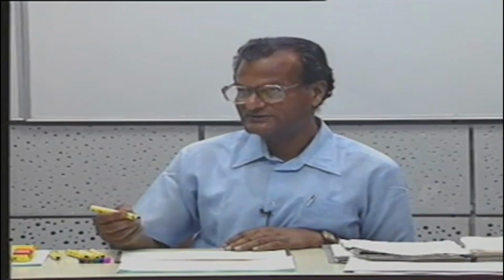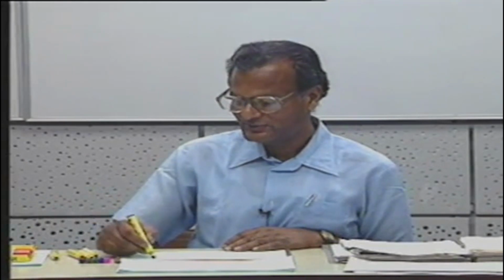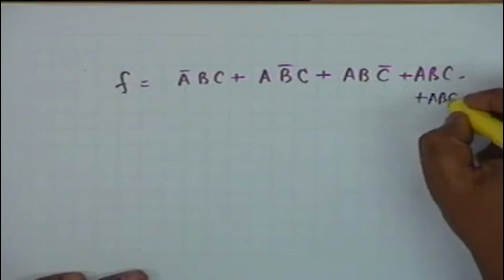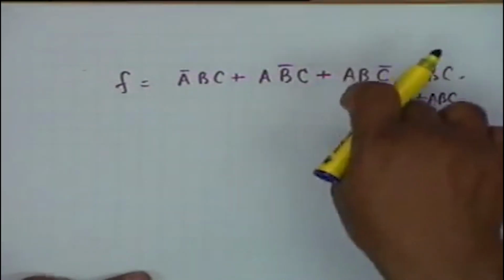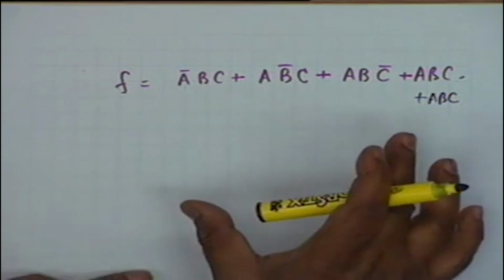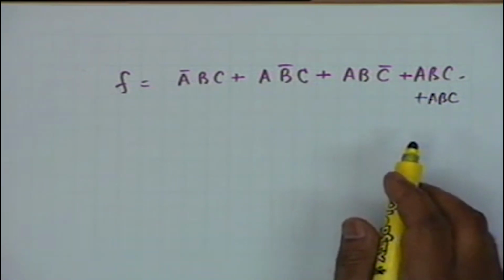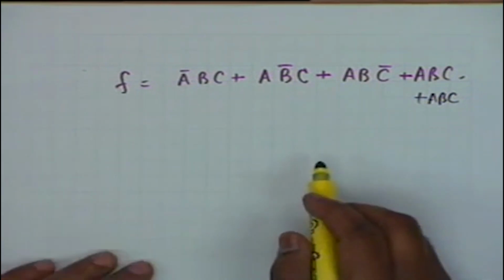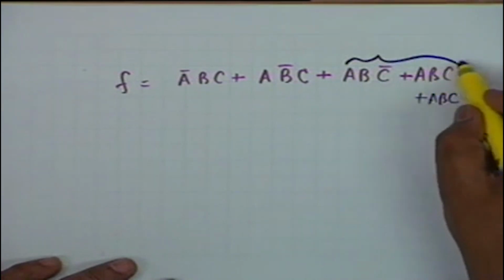Well, what we do is, since there is an ABC, we add another ABC. You see how we simplify. We are not going to the truth table. From the truth table, we have found out this. Now, let's see if we can simplify this. We add an ABC. And then we combine these two.